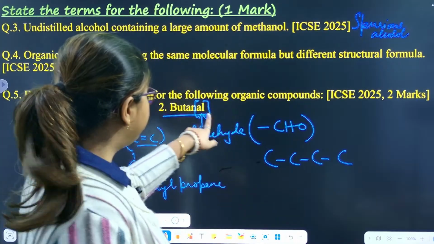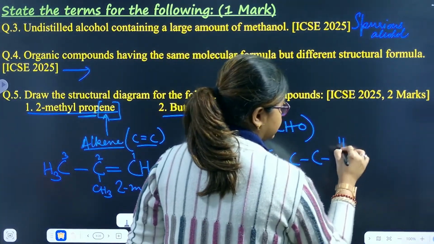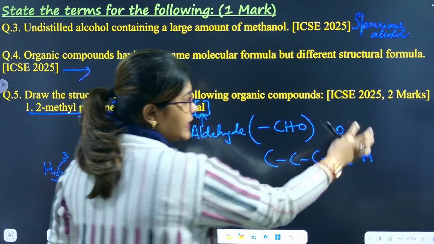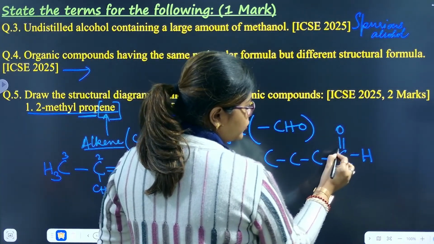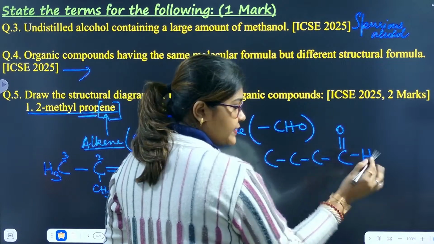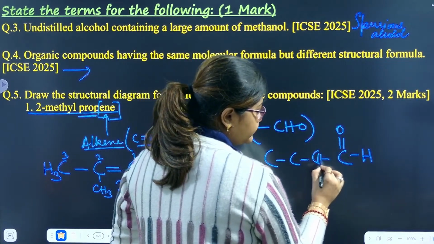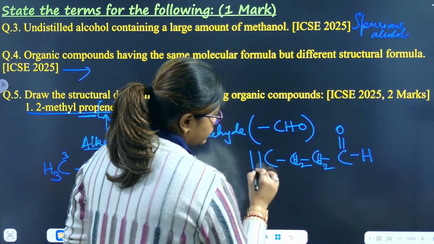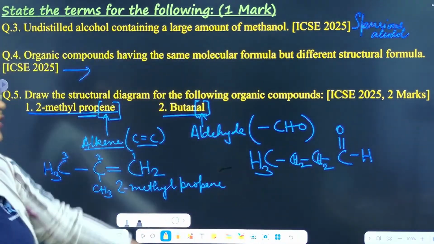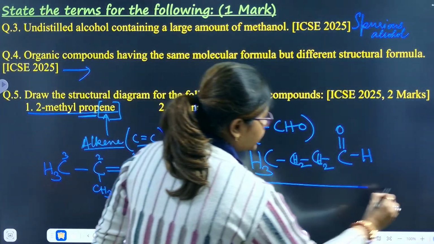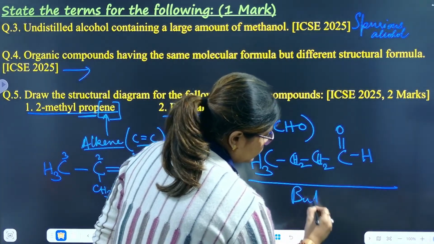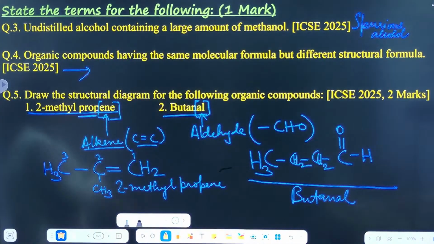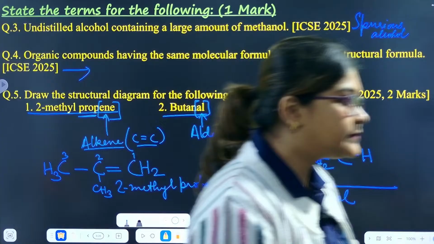Okay, the aldehyde group goes here. 1, 2, 3, 4. This carbon already has 4 bonds. So this is the structure of butanal. Is it clear? Okay.